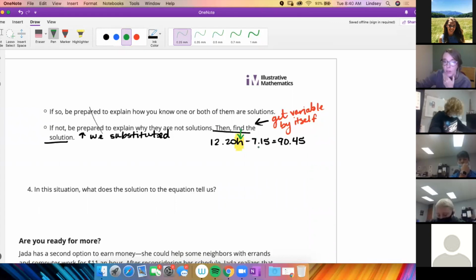Somehow we have to get rid of a minus 7.15 and we have to get rid of a times $12.20. So I always start with the term that is furthest away. So how do I get rid of a minus 7.15? I'm going to add 7.15. Good.